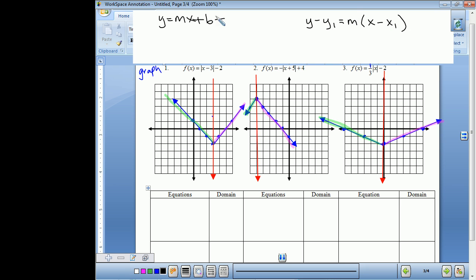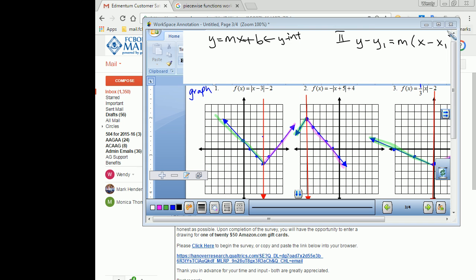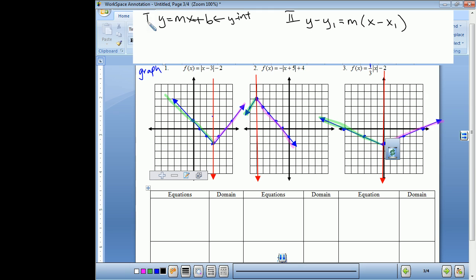So if we can see the y-intercept clearly, then this is our best choice, y equals mx plus b. But if we cannot see the y-intercept, then we'll go with choice 2, point-slope. This is always choice 1, but choice 1 only works when we can see that y-intercept. If we can't see it, we're going with point-slope.